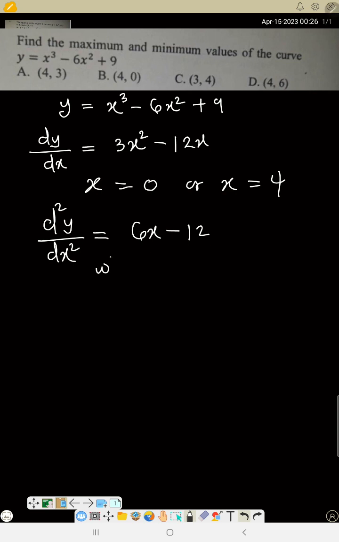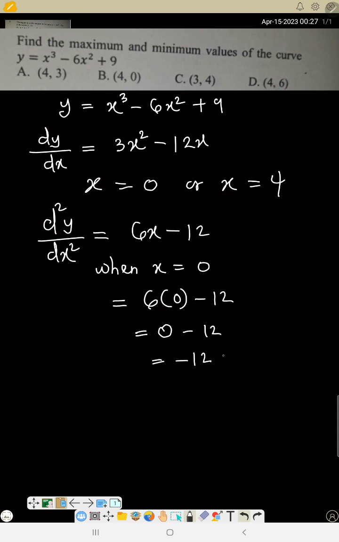So when x equals 0, then d squared y over dx squared is 6 bracket 0 minus 12, which is 0 minus 12, which is minus 12. So d squared y over dx squared is a negative answer.